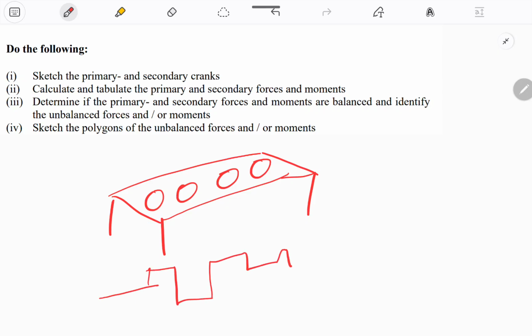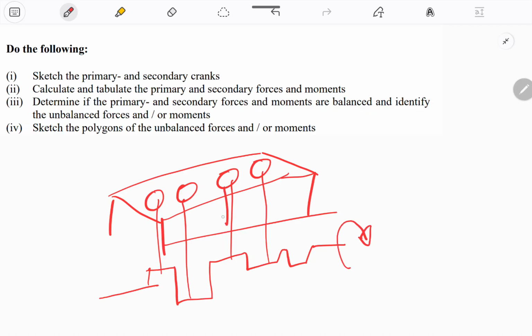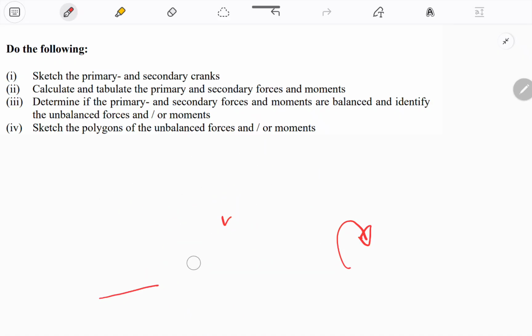It kind of looks like that, and all these are connected to rods, and as this thing revolves, these are going up and down, right? And also it's a 4-stroke, they said, right?